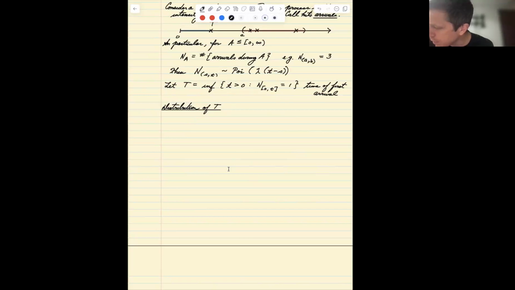The first method, method one, is to calculate the cumulative distribution function pretty much directly. Let's calculate the survival probabilities first. What's the probability that the time T is bigger than some value little t?